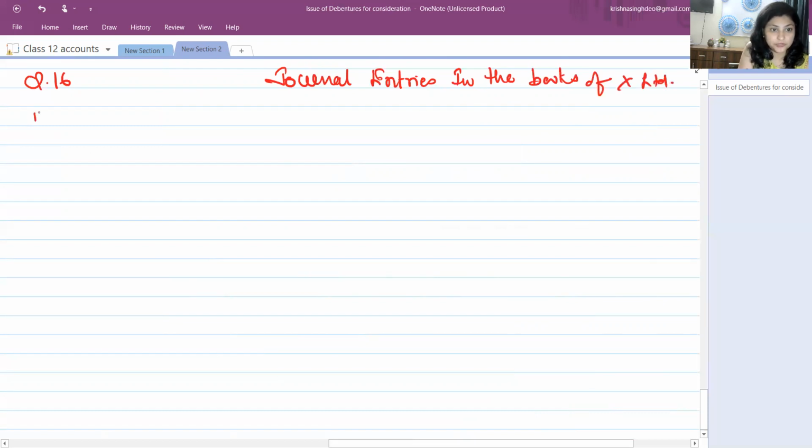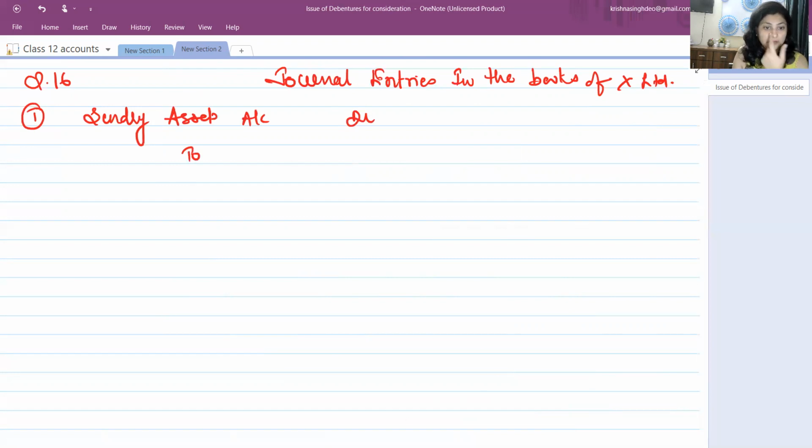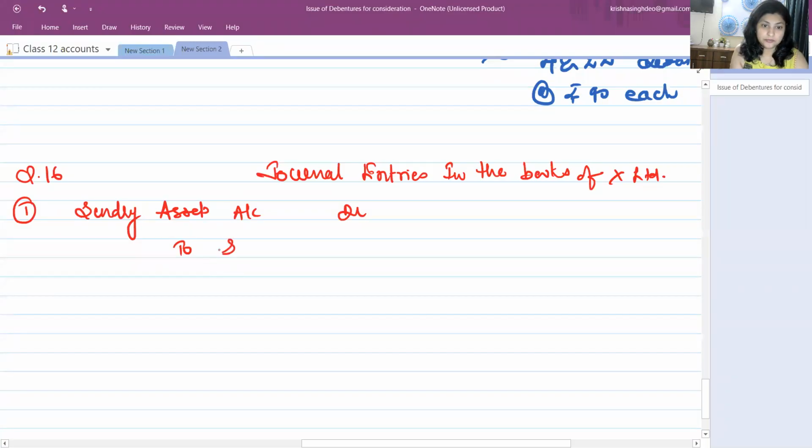So the first entry is going to be sundry assets account debit. To what was the name of the liabilities? To sundry liabilities.